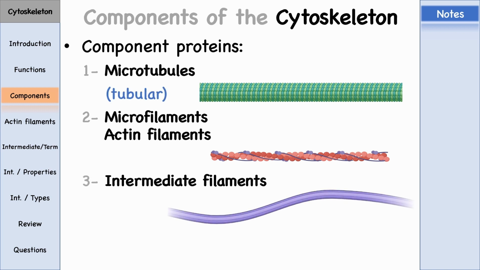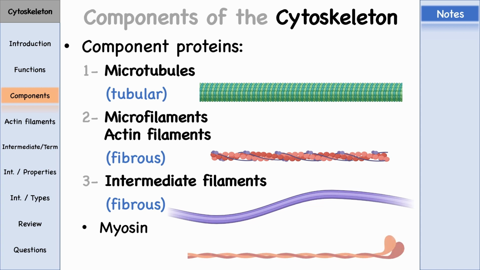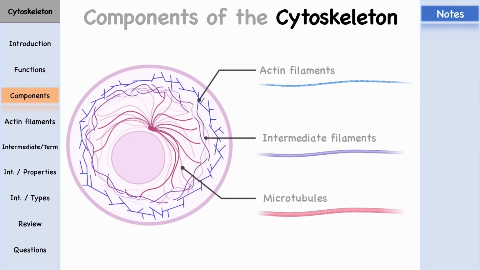So, one tubular protein and two fibrous proteins. There is also a special fibrous protein called myosin, which is found in the muscle cells because of its role in the contraction. In this video, we will discuss actin filaments and intermediate filaments.